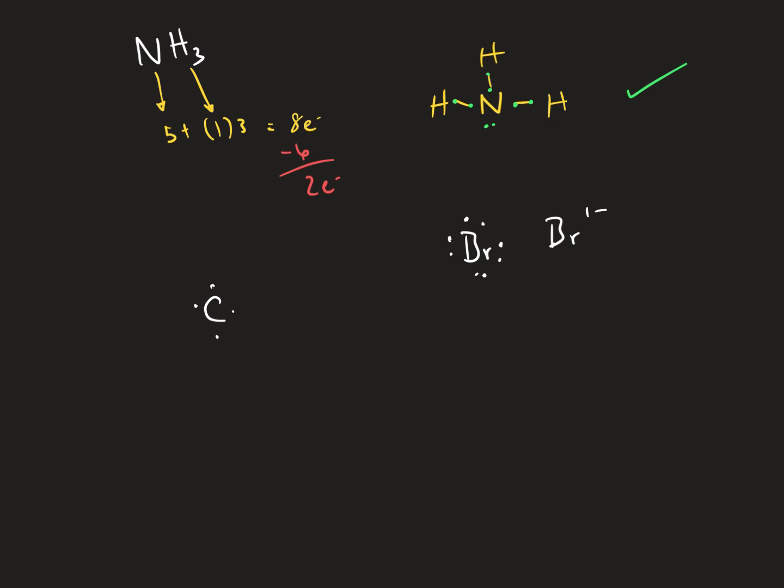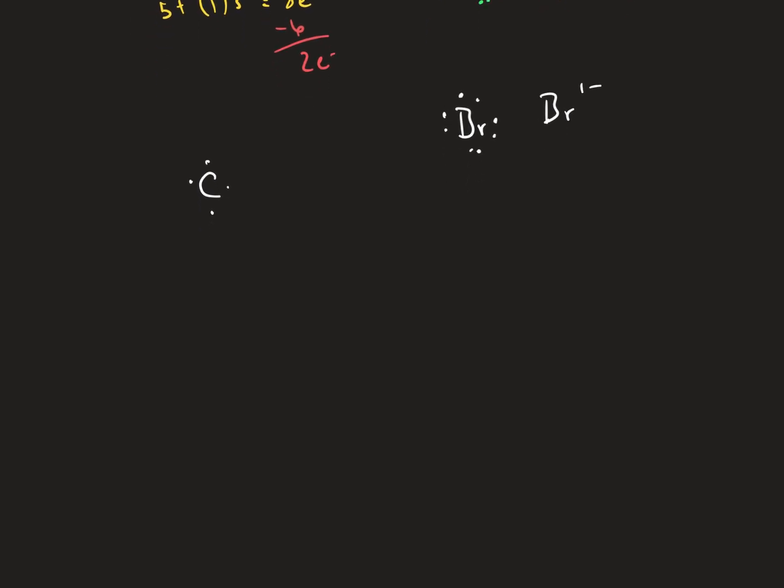Are we good with section 1? Okay, section 2. Let's try some of these. Which ones do you want to try? Which ones look the ickiest? In fact, why don't you try water, guys? Try that one.